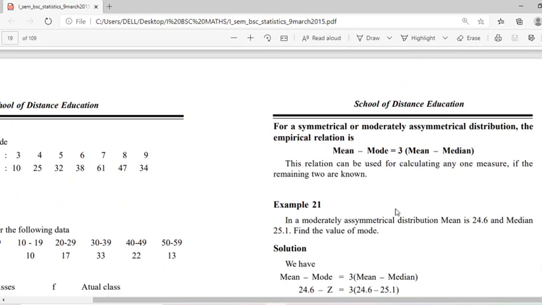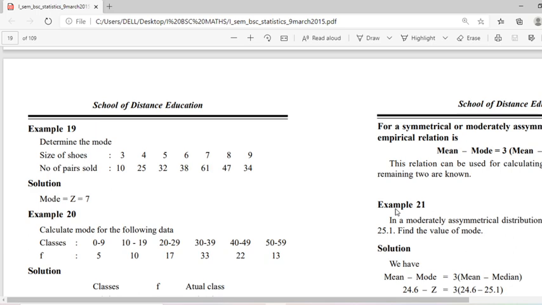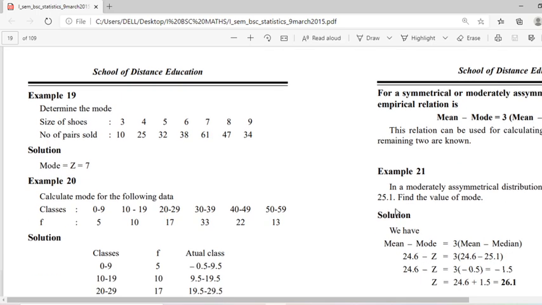Here is another set of observations, a problem to determine the mode. The size of shoes is 3, 4, 5, 6, 7, 8, 9, and the frequencies are 10, 25, 32, 38, 61, 47 and 34.